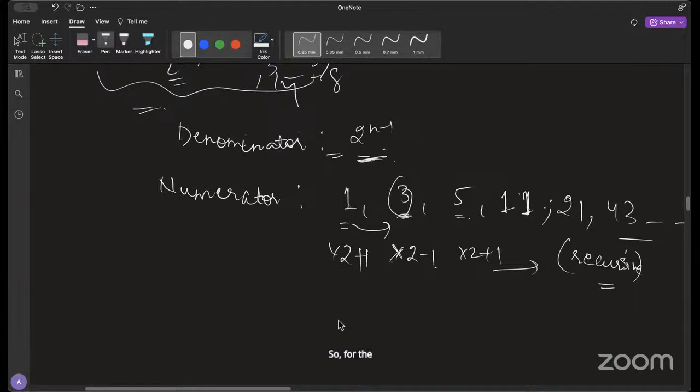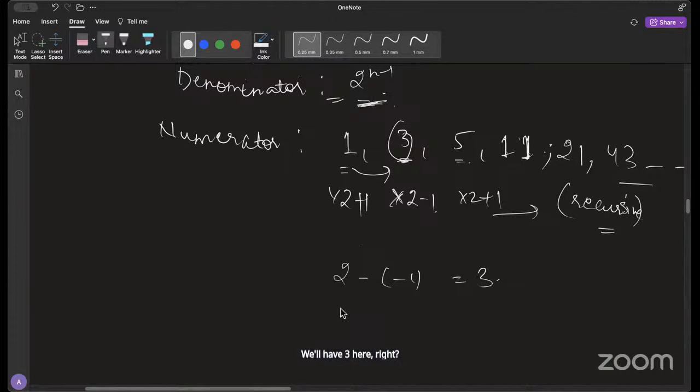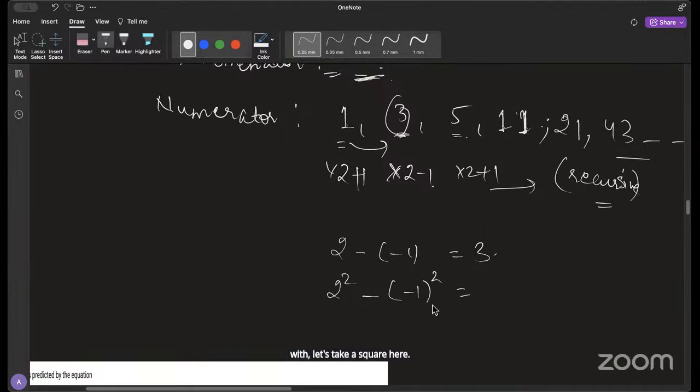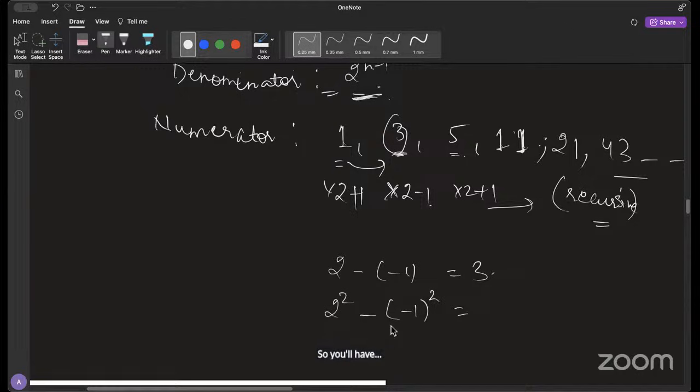So for the numerator, if you take 2, we'll have 3 here, right? And then if you take 2 square minus of minus 1 square, so you will have 4 minus 1, which is 3.